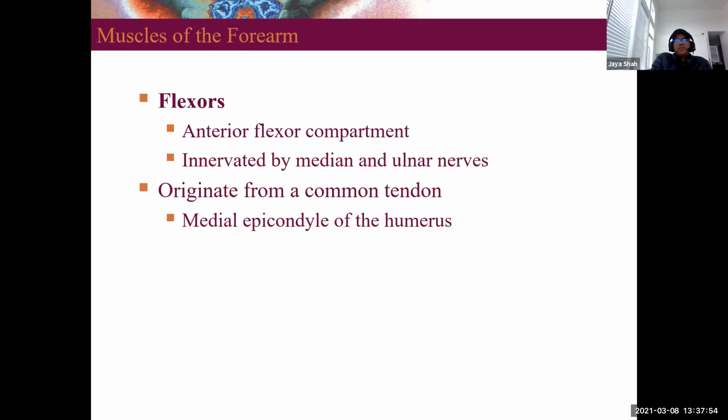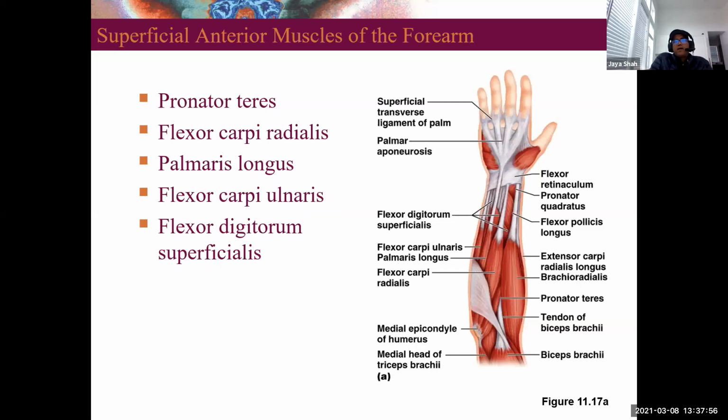Okay, let's see the muscles in the arm now. Sorry, forearm. So, forearm anterior view. Always look for pronator teres, which pronates the palm. So pronator muscles, and then you go medial or lateral.